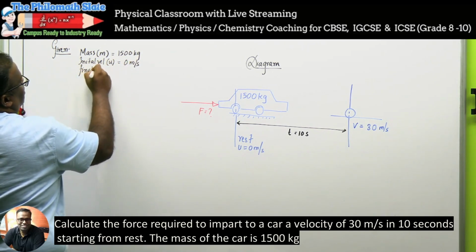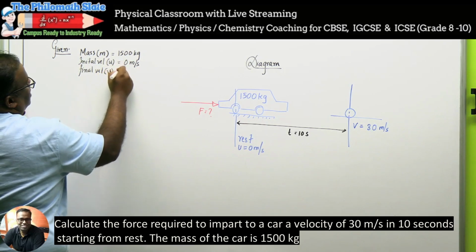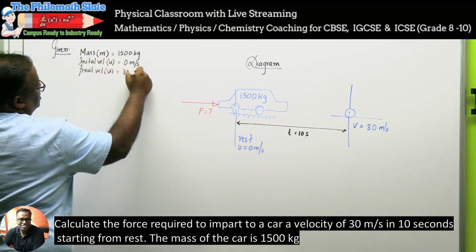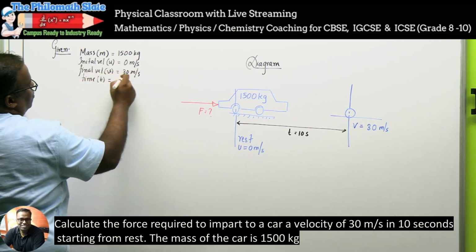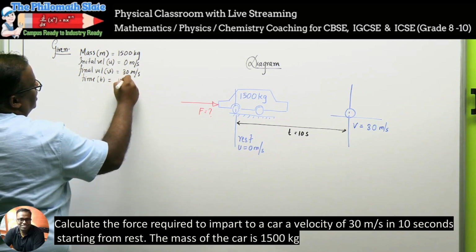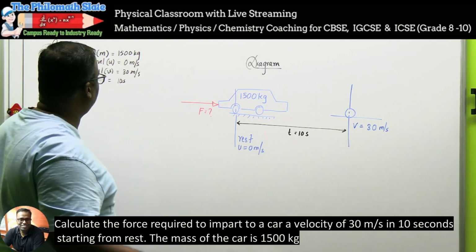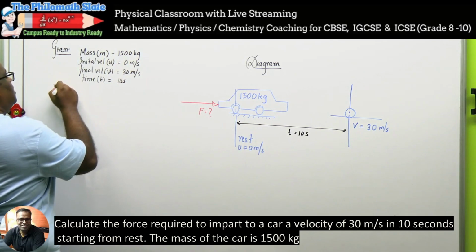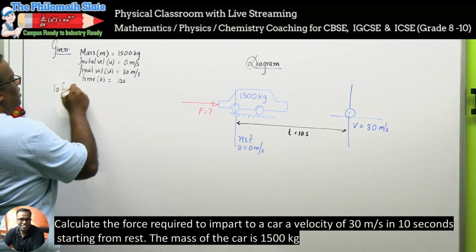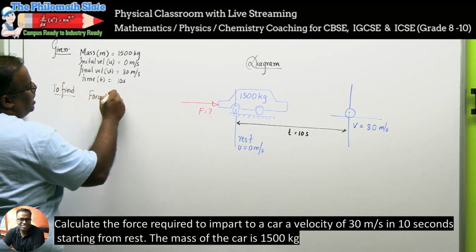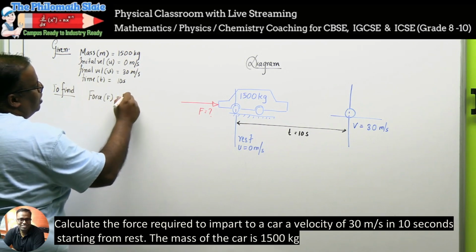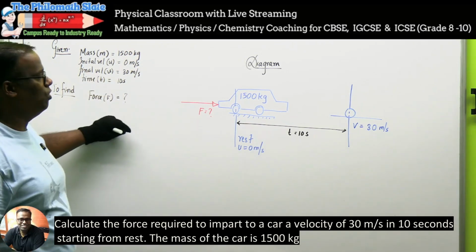Final velocity v is equal to 30 meters per second. Time t is equal to 10 seconds. That's all. Any other data given? No. And then we write, to find, the force F. This is what the question is all about.